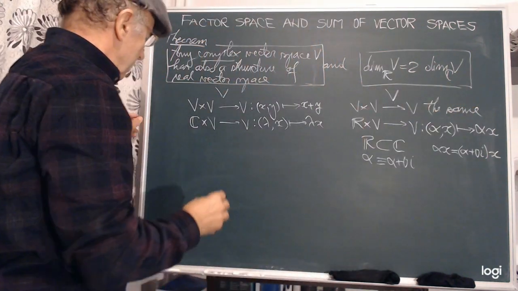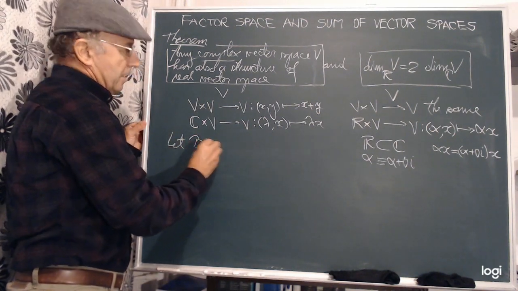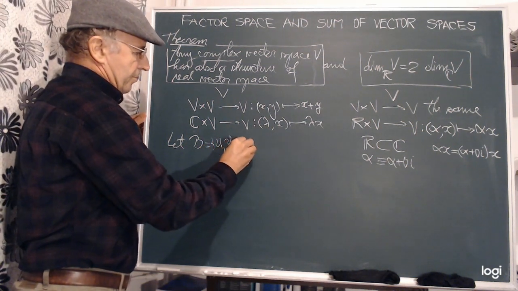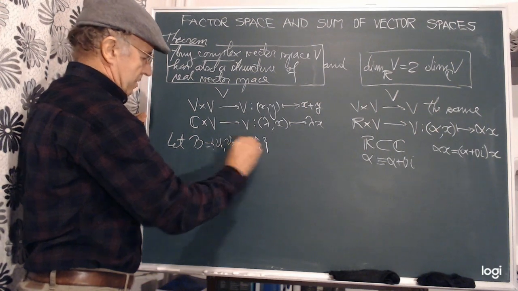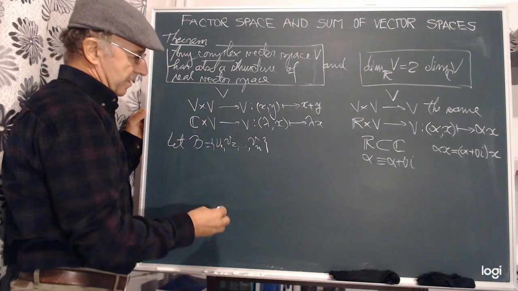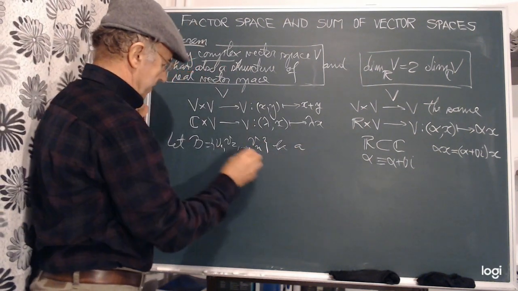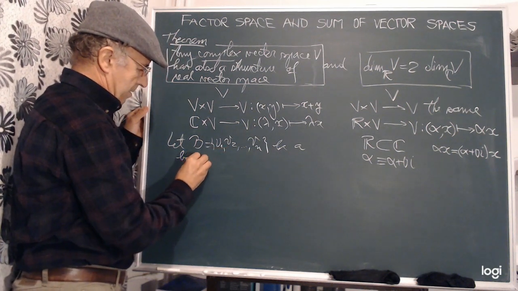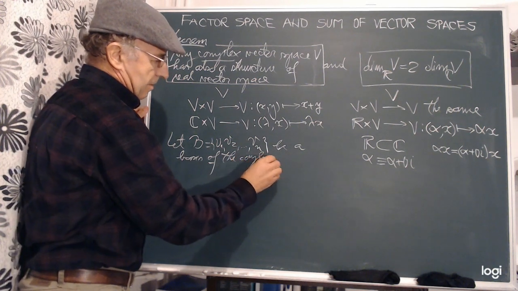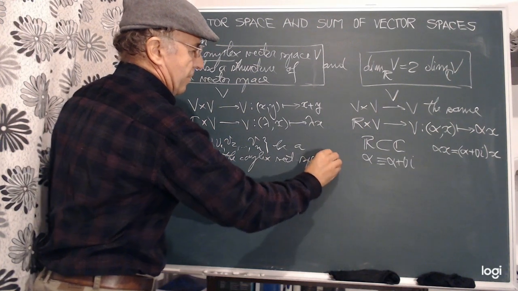For this, let B, containing the vectors V1, V2 up to Vn, be a basis of the complex vector space V, where n is the dimension of V considered as a complex vector space.